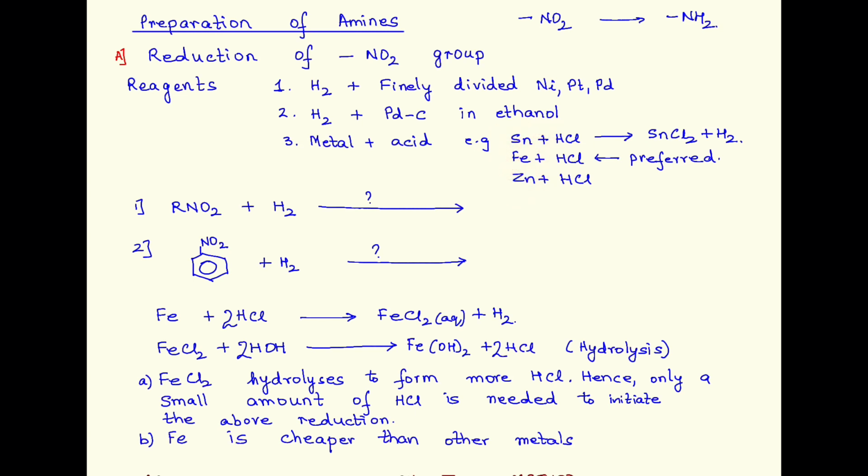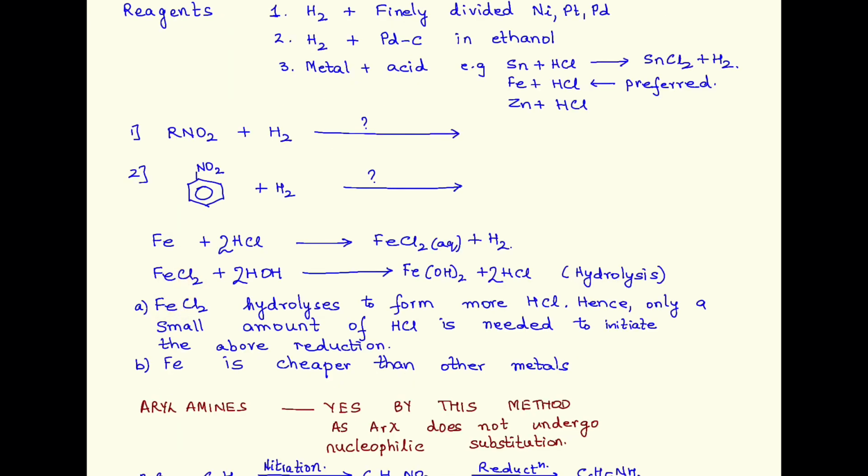Why is it so? In the case of iron, the reaction that takes place is Fe plus 2HCl gives me FeCl2 and hydrogen. Now hydrogen gas is liberated. You see over here we've got iron chloride. Now this iron(II) chloride can undergo hydrolysis, liberating more HCl.